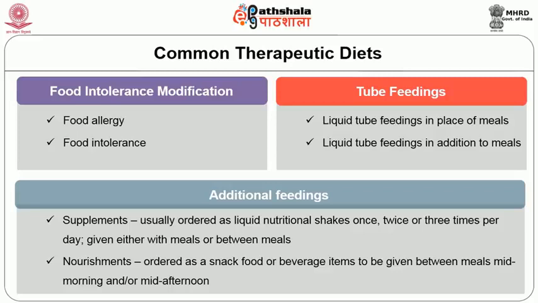Supplements are usually ordered as liquid nutritional shakes once, twice or 3 times a day, given either with meals or between the meals to increase the nutrient requirements. And sometimes the diets are given as nourishments, ordered as a snack food or beverage item to be given between meals, mid-morning or mid-afternoon. So, these all come into this category.